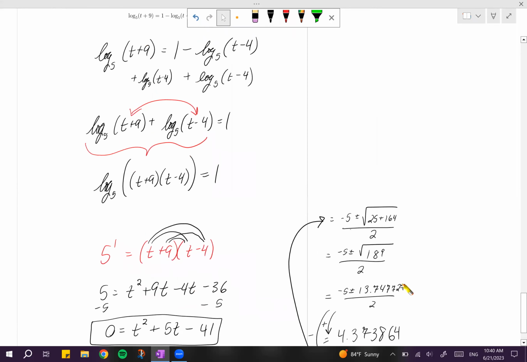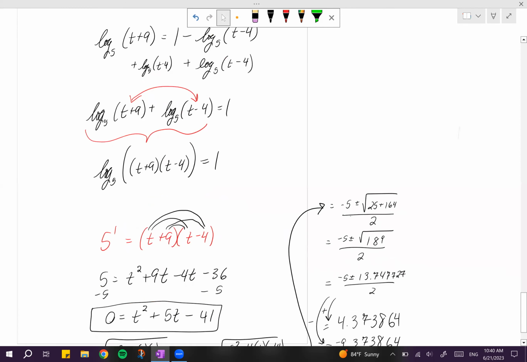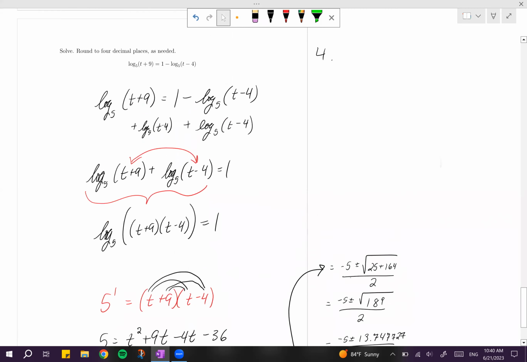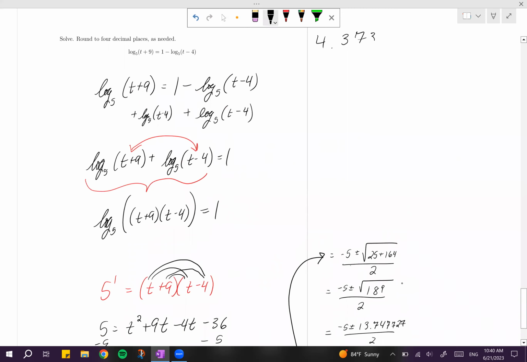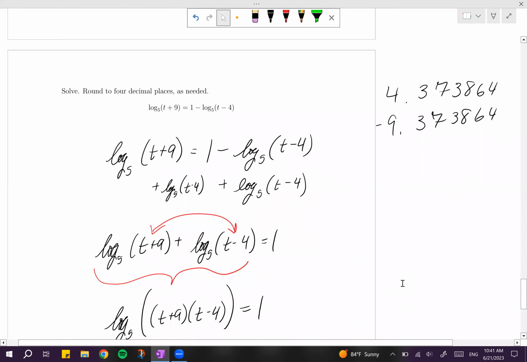So we had 4.373864, and we have negative 9.373864. All right. Going back up here, I'm going to my calculator and I'm going to see which one of these doesn't work. Just a second.